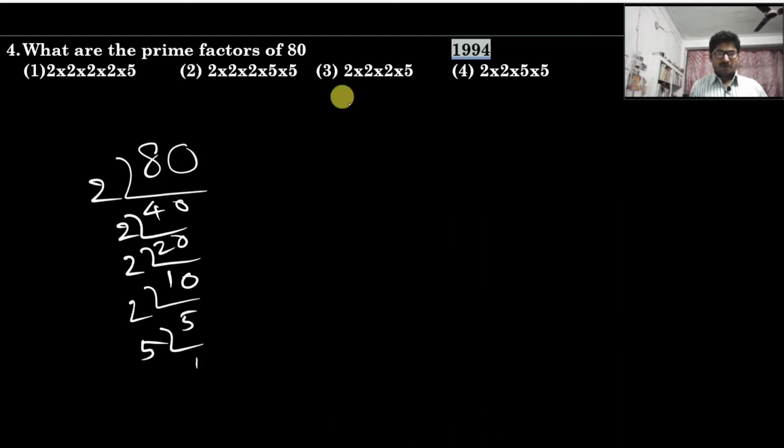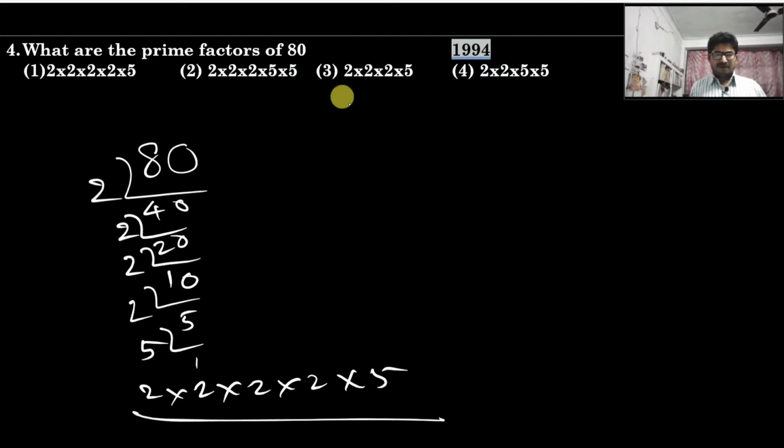We no need of doing this, but if you have interest, you can do like this. So 2 into 2 into 2 into 2 into 5. So this is the prime factorization for 80. So option 1 is correct.